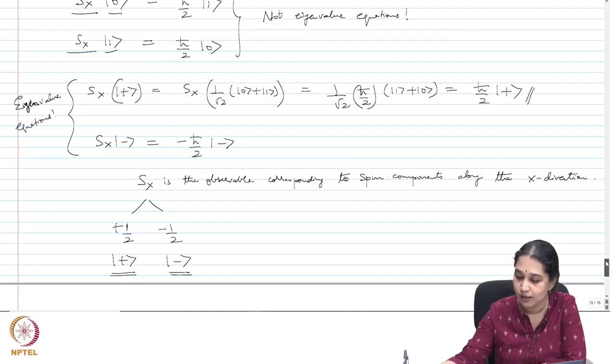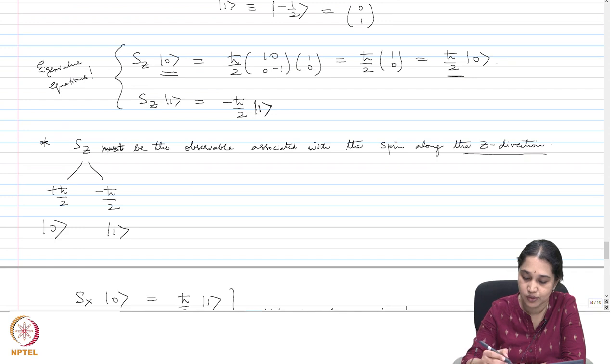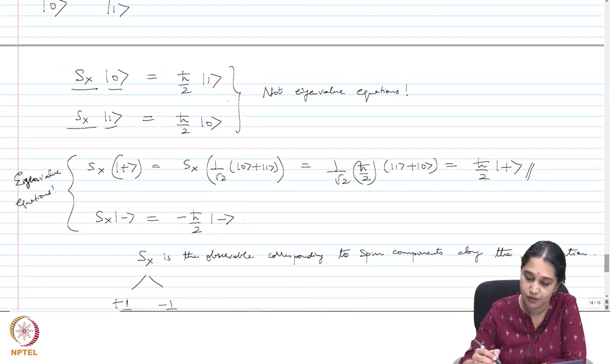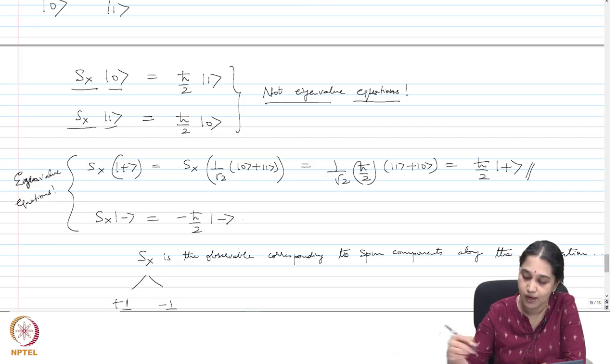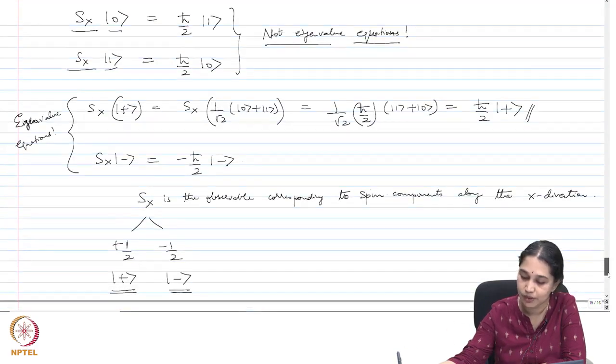To go back, the 0 and 1 states, while they have definite values for spin along the z direction, do not have definite values along the x direction, because they do not satisfy eigenvalue equations for the Sx operator. We will come back to this when we revisit measurement.